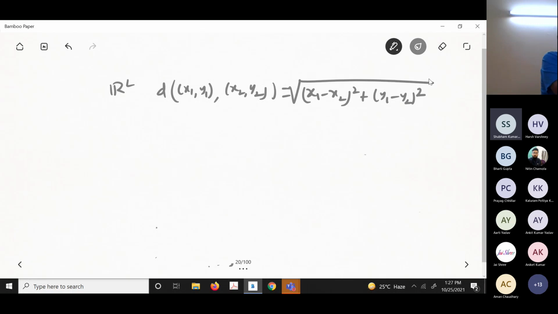But this metric also I could give. If I have X cross Y, then what will come here?